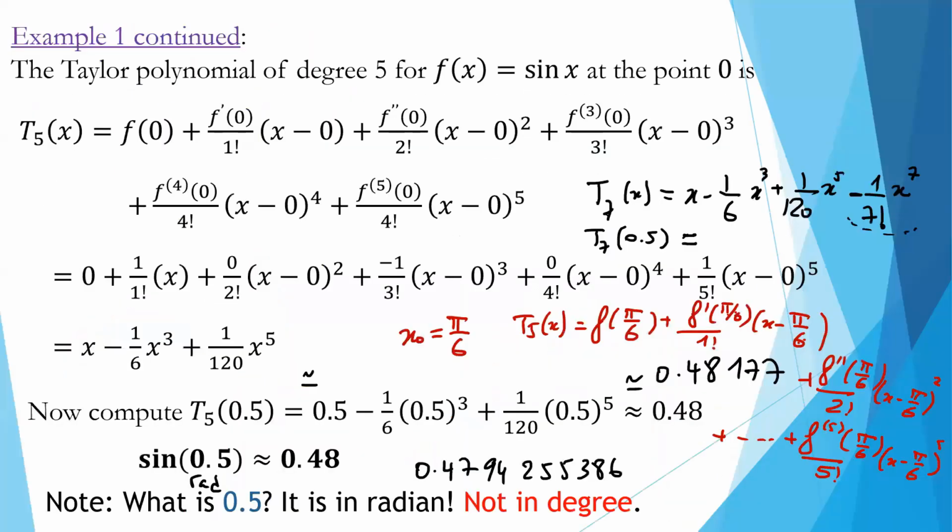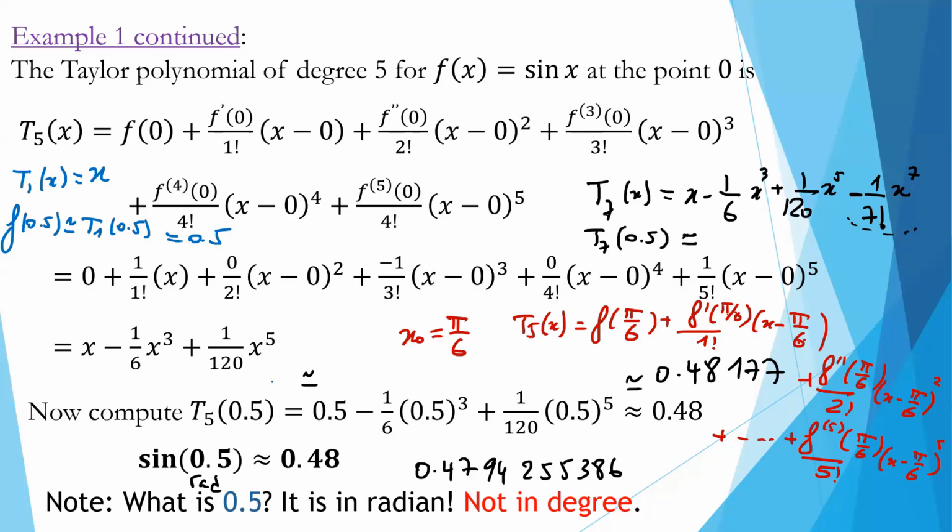So here, instead of calculating T7, if we stop at T1, T1 of x, we said T1 is x. So f of 0.5, if we approximate it by T1 of 0.5, it will be 0.5.